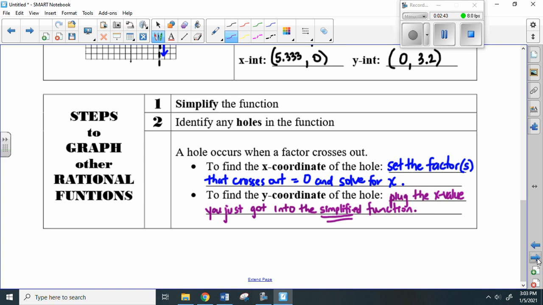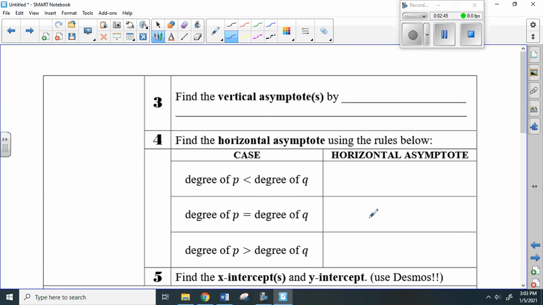So what are the other steps? Well, you still have to find vertical and horizontal asymptotes, but it's a little different than before.